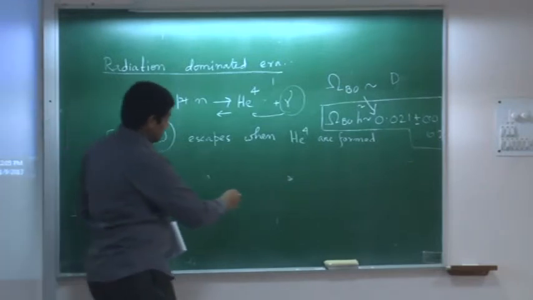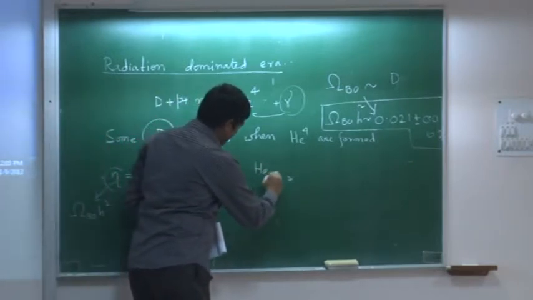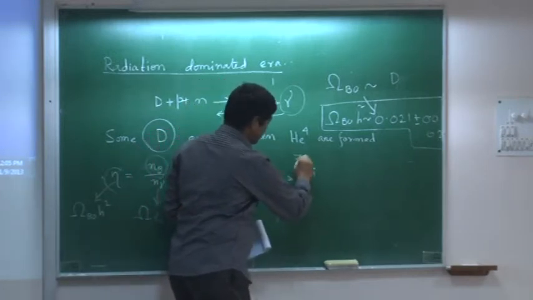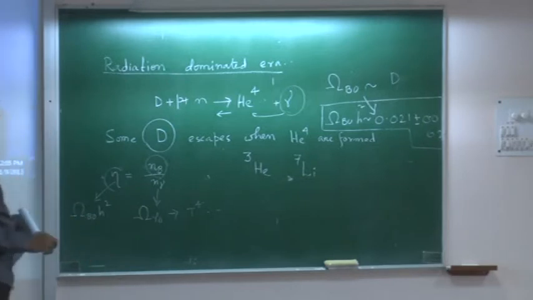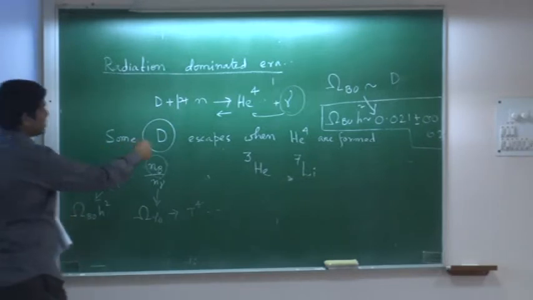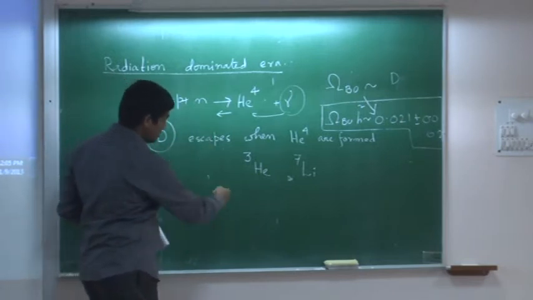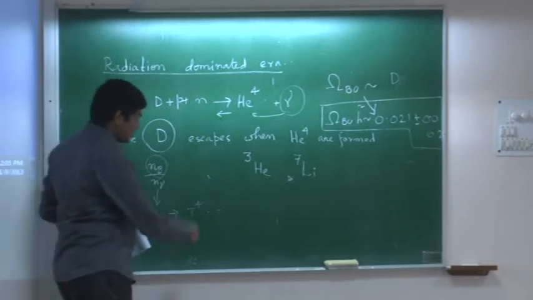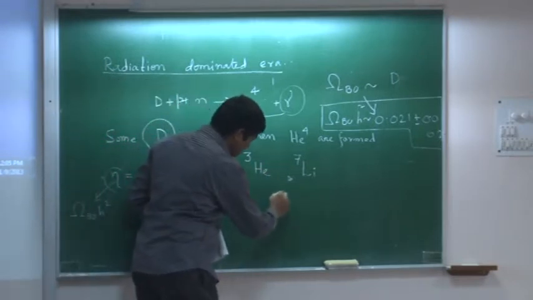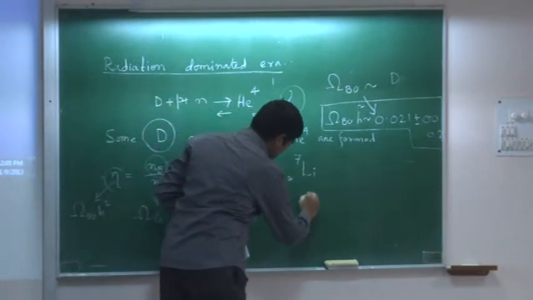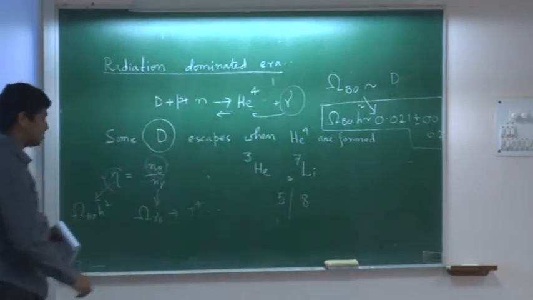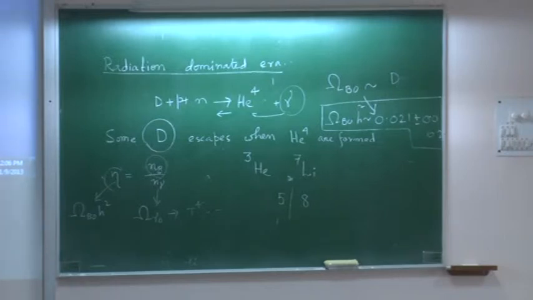Now the other two things which could be found are helium-3 and lithium-7 in the Big Bang nucleosynthesis. You just add more proton and neutron and you start forming these. But when you go beyond lithium-7, unfortunately, there is no stable nuclei of nucleon numbers 5, 8, like that.